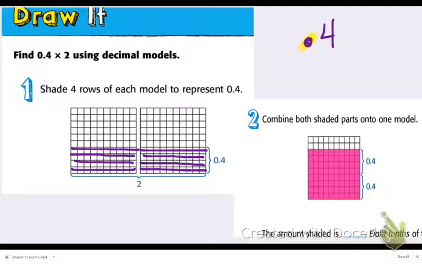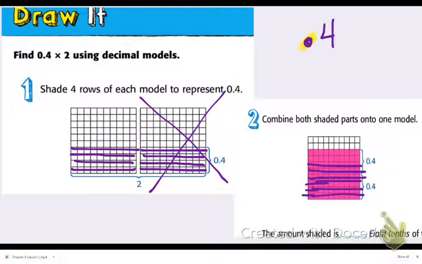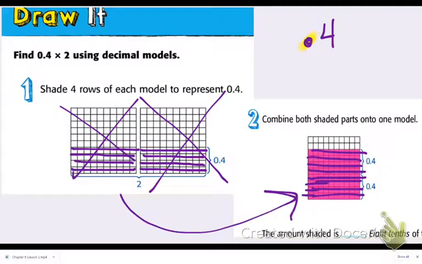Step 1, I shaded the model. Now step 2 is to combine. I'm going to put the value together. So I have 1, 2, 3, 4 tenths, right? My first one, which is here. And I'm going to combine it by putting the other 4 tenths. So now I have both of them combined. Step 1, shade the model.